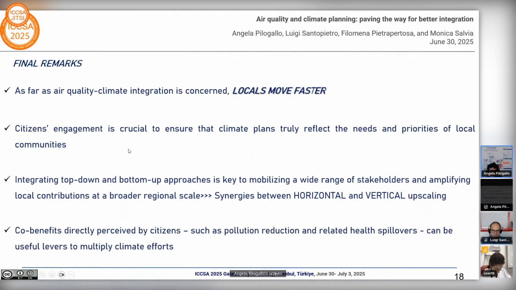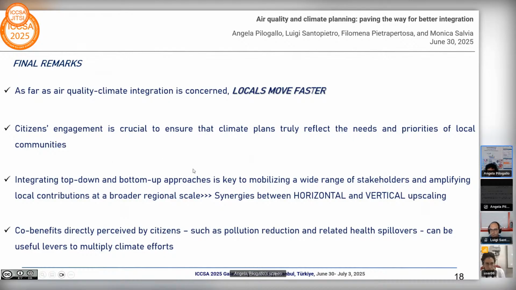We found that citizen engagement is crucial to ensure that climate plans truly reflect the needs and priorities of local communities. So on average, where we found a better degree of engagement, we found better results in terms of integration.